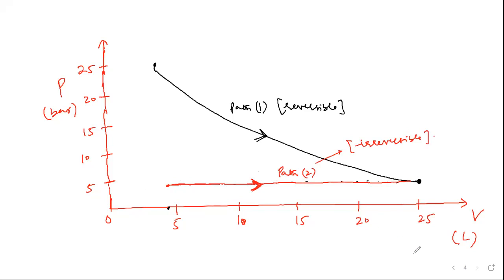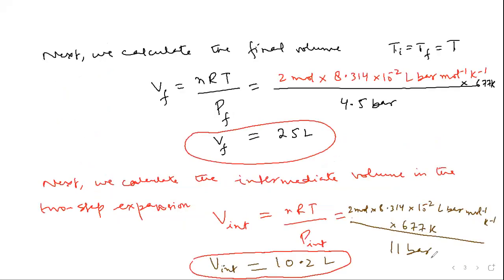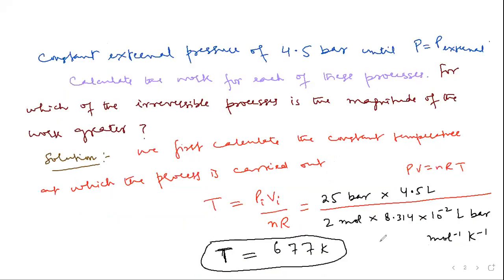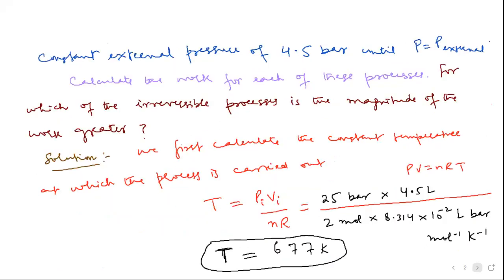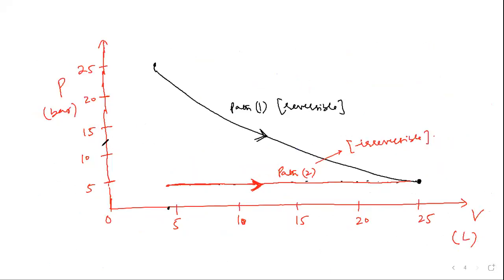What is my third path? Remember, in path 3, first we have pressure of 11 bar, because we expand first at 11 bar pressure. So 11 bar is here approximately.